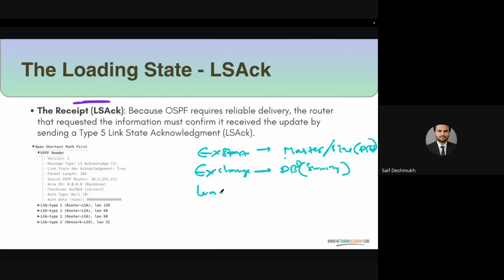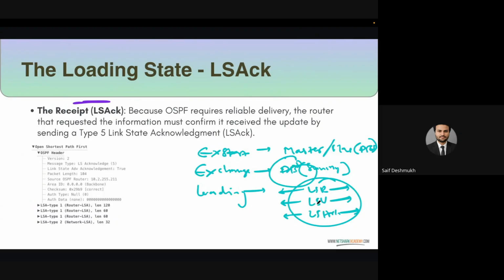In the Loading state, we exchange link state request, link state update, and link state acknowledgement packets. So we understood DBD, link state request, link state update, link state acknowledgement, and the hello packet. Hence, you have only five packets. You don't have anything else apart from this.